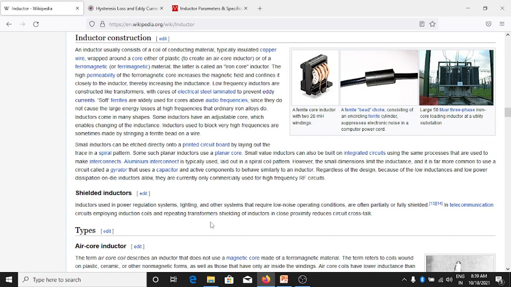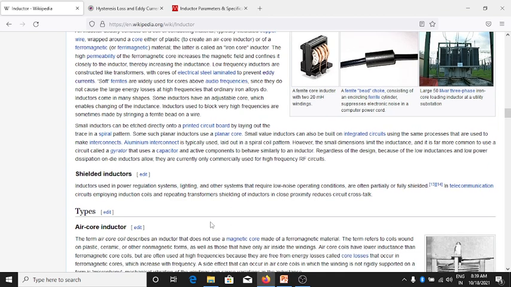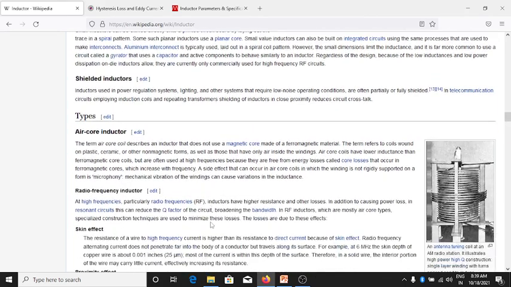In telecommunication circuits employing induction coils and repeating transformers, shielding of inductors in close proximity reduces circuit crosstalk.